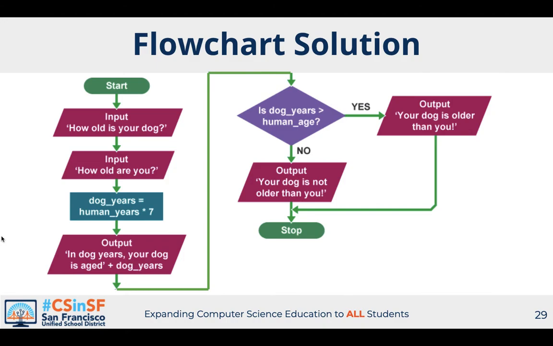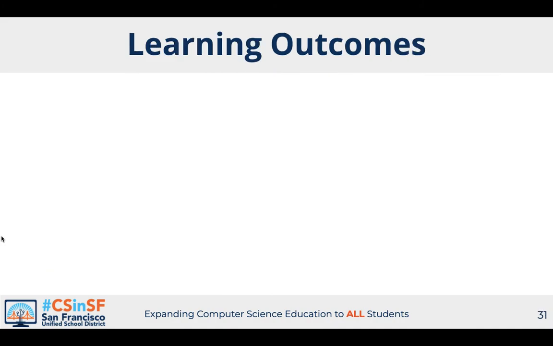Will give us an output of in dog years, your dog is aged, how old your dog is overall. And then the question is, is your dog's age in human years greater than your age? And the output will either tell you the dog is older than you or the dog is not older than you. So that's how you might answer that problem with a flowchart.